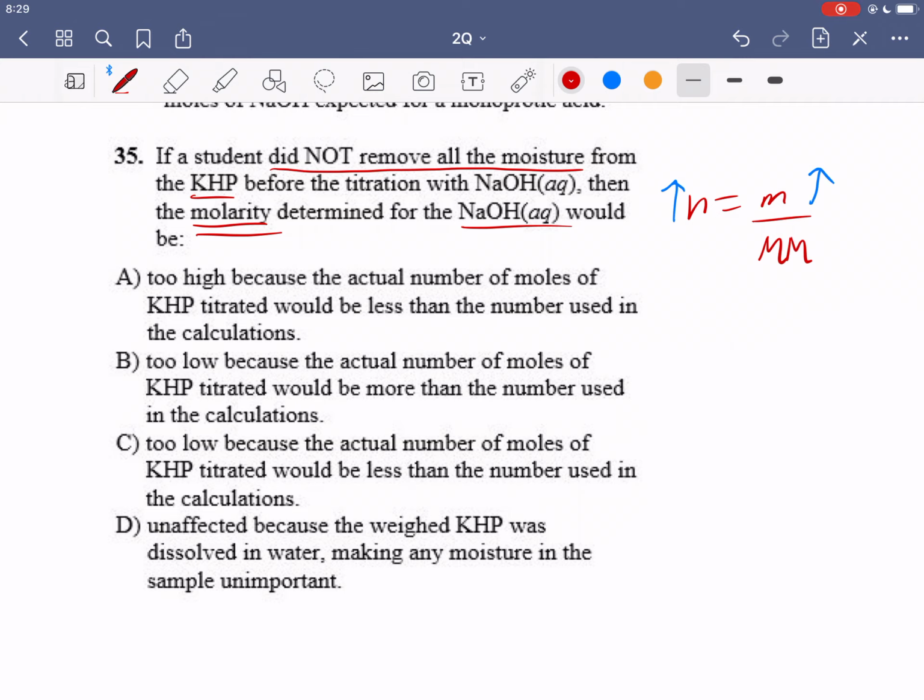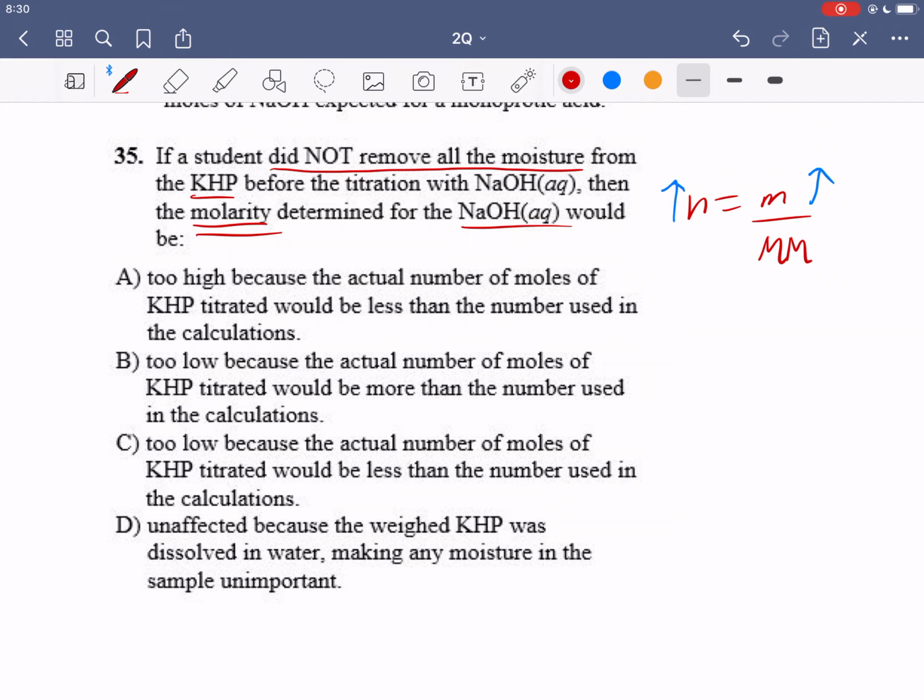But they could have needed, let's say, 100 milliliters of the NaOH, but in this case they used 150. They're going to assume that that's the true volume that they needed, and then that is going to give them the true concentration of NaOH.